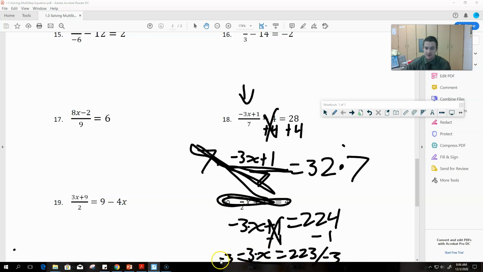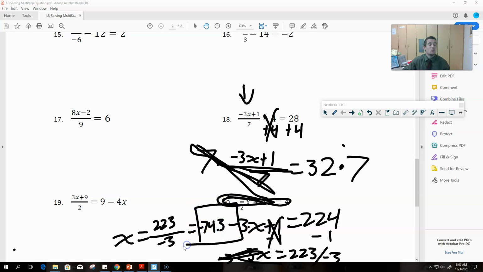Since I'm multiplying by negative 3, I undo that by dividing by negative 3, which leaves me with x equals 223 divided by negative 3. If I type that in my calculator, I think I get like negative 74.3 or something, which is fine. I can have decimal answers. That's perfectly fine.